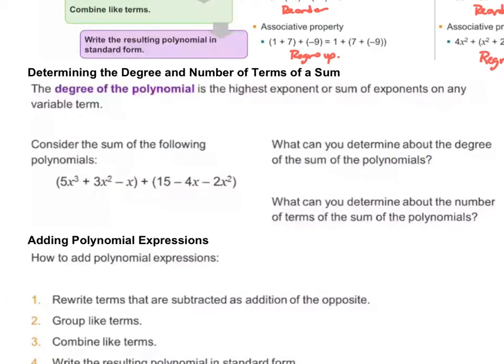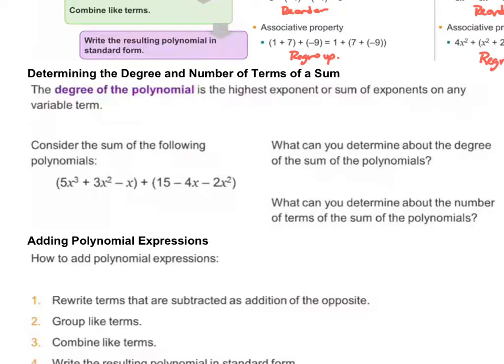What I want to do is think about the degree of that polynomial. I'm looking for my largest degree. If I were to add any of these together, the largest one that I have is 5x cubed, and that 3 tells me that my degree is equal to 3.